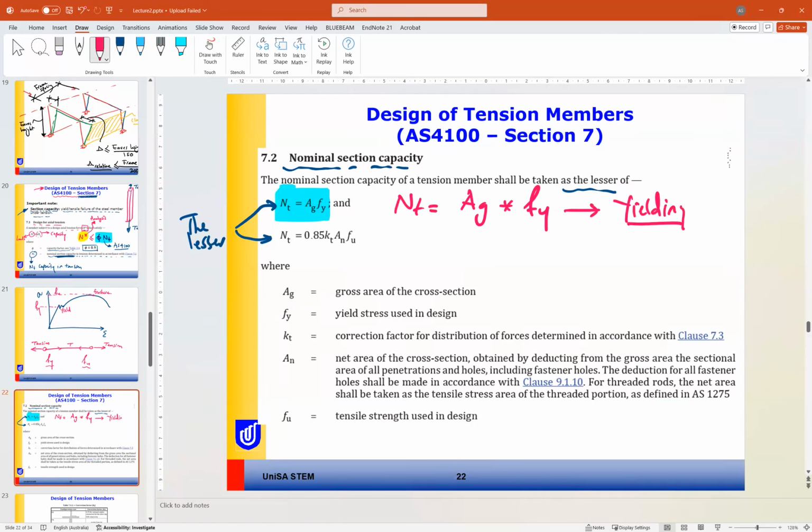The other value of tensile capacity is Nt equal to 0.85 kt times An times fu. So this is for what? For the ultimate or fracture capacity, or the tensile capacity.